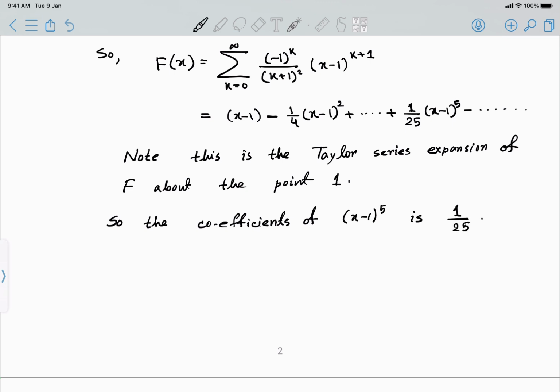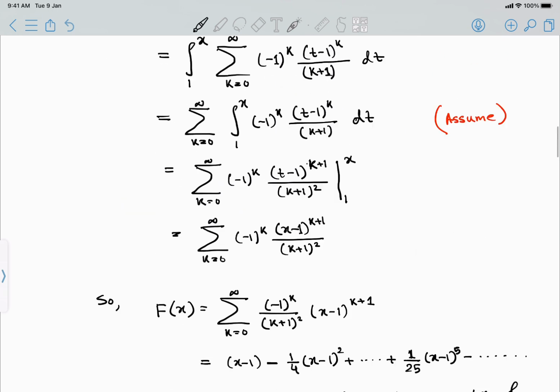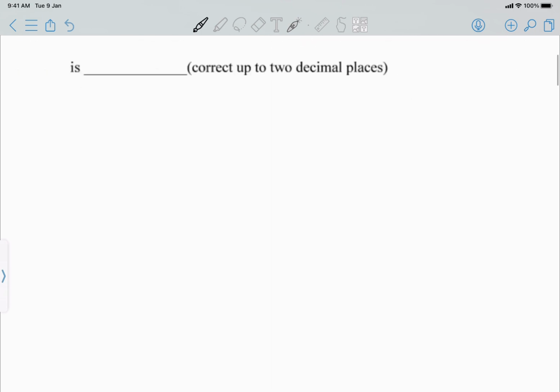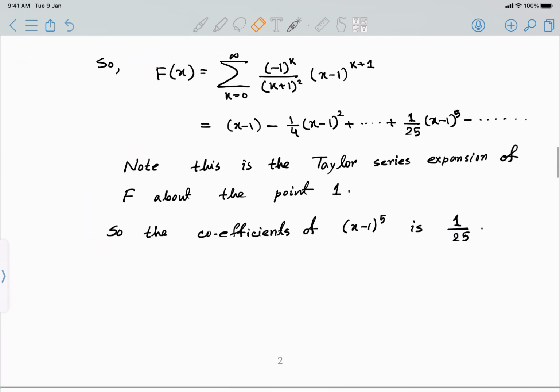So we get that the coefficient of (x minus 1) to the power 5 is 1 by 25.